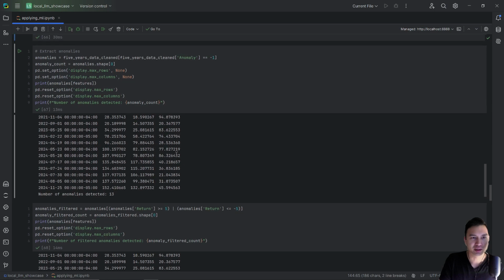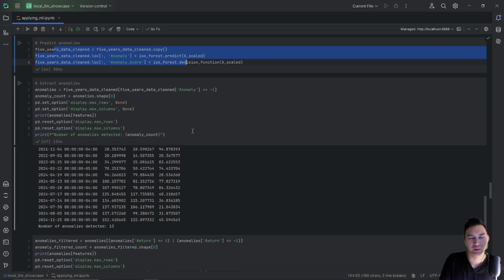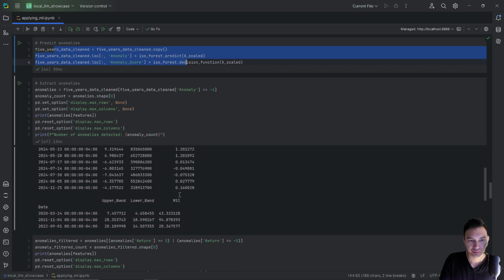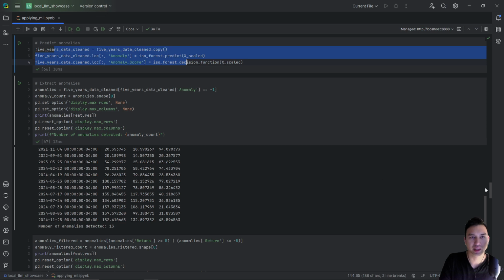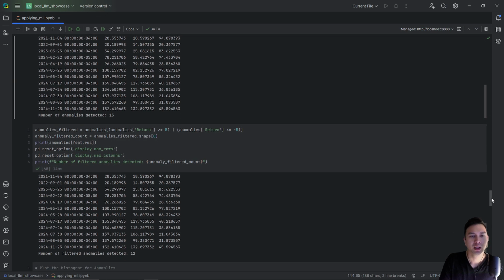Yeah, so based off of the isolation forest, it indicated 13 anomalies within a 5-year time period. Why don't I split the training data? You don't really need to do that with an isolation forest. You can feed in the full 5 years, and it's just going to find anomalies. That's all it's doing.